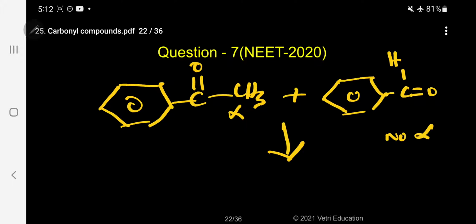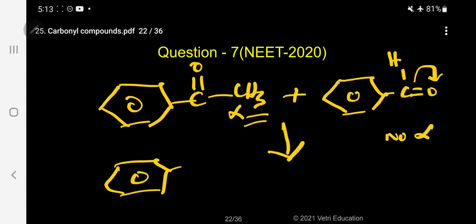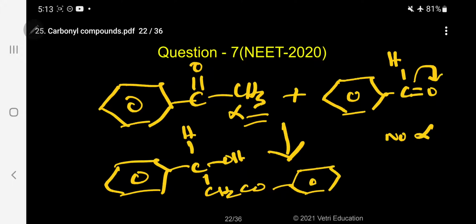So what will happen now? Since it is containing this alpha hydrogen, this will automatically undergo a condensation reaction. In what way? Now this will use this base, kindly follow this O, and the H from here will go there. It will convert into CH OH, correspondingly CHCOC6H5. This is the product, and sometimes elimination of water may also take place.